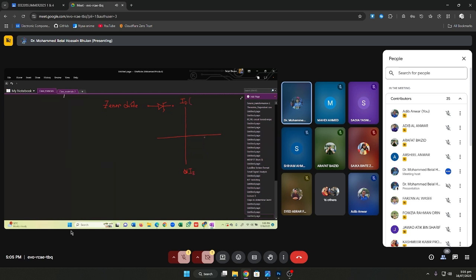When it is forward biased, current is flowing from P side to N side. When it's reverse biased, current is flowing from N side to P side. Forward bias is positive, and reverse bias is negative.